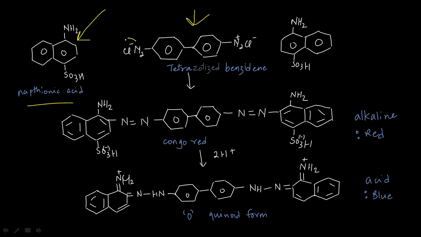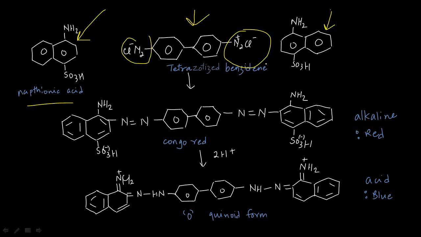One unit is diazo and we have 2 units, so we say tetraazo. This is the benzene molecule, and we have another molecule of naphthionic acid.